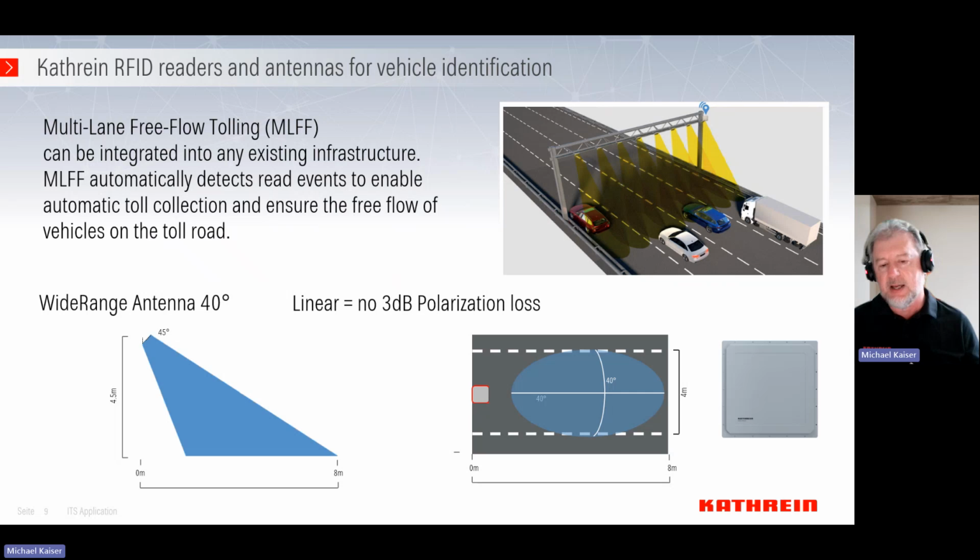So in this case, you lose 3 dB for the circular antennas. With a linear antenna, you don't have this polarization loss, and this gives you a bigger read range, or you can catch weaker transponders much earlier. That's why this 40-degree antenna can be the right choice for such a vehicle identification where weak transponder behavior is standard.